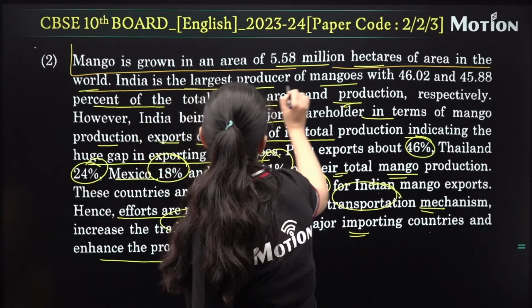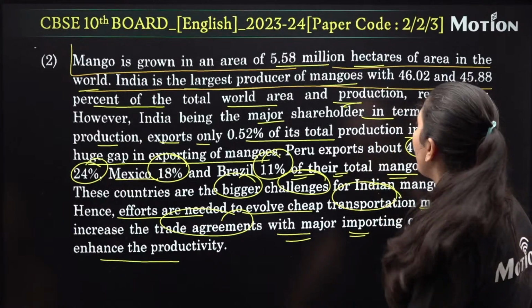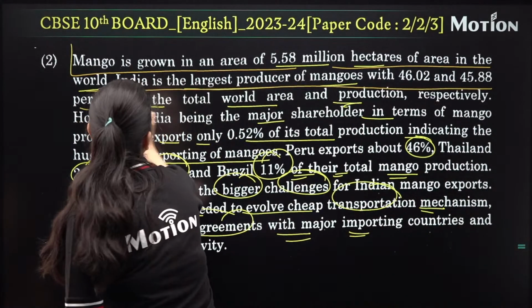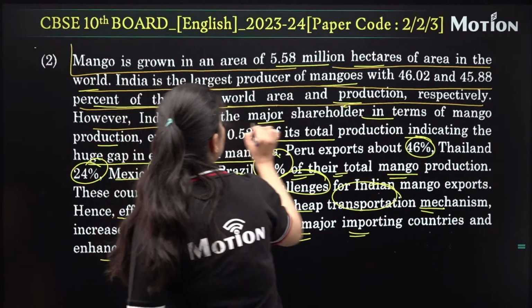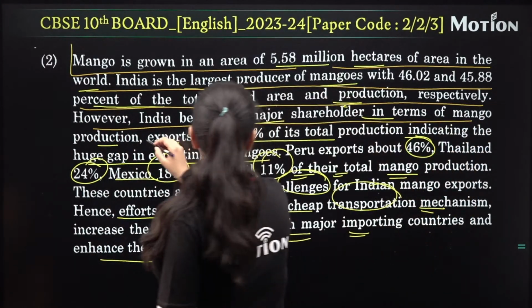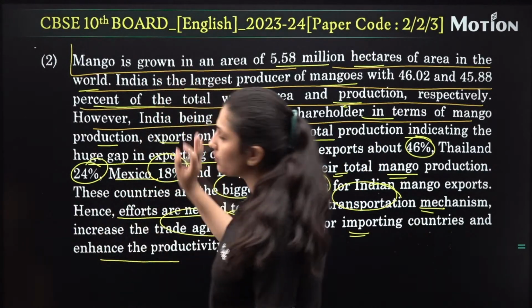India is the largest producer of mangoes with 46.02 and 45.88% of the total world area and production respectively. However, India being the major shareholder in terms of mango production, indicating the huge gap. This will not be right. This one is fine.